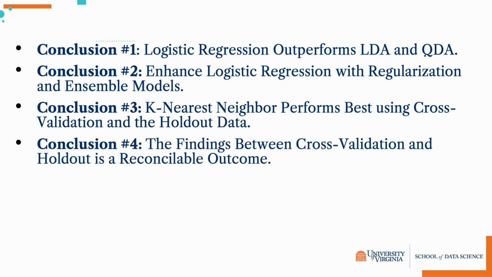Conclusion 4. The findings between cross-validation and holdout are a reconcilable outcome. The K-nearest neighbor excels in sensitivity, meaning its aggressiveness captures all true positives, but it can be prone to overfitting, especially with smaller data sets. This might inflate its cross-validation scores without translating as well to the holdout performance.